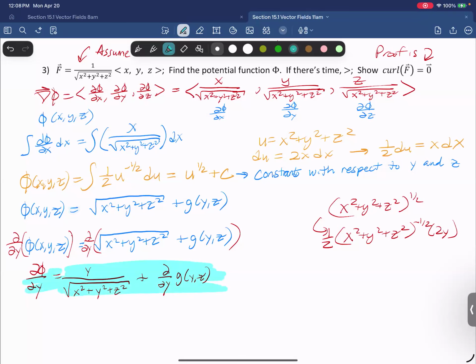Since it's d phi dy, it should equal our d phi dy up here, which means we're going to set it equal to that.